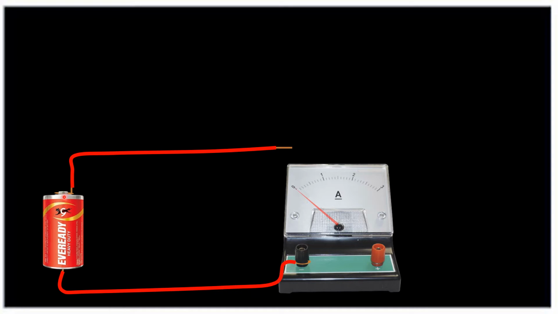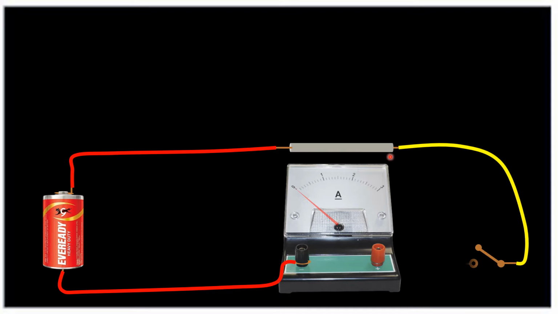Next, the positive terminal of the battery has been connected through the iron spoke, and the second end of the iron spoke has been connected to the positive terminal of the ammeter through the key.